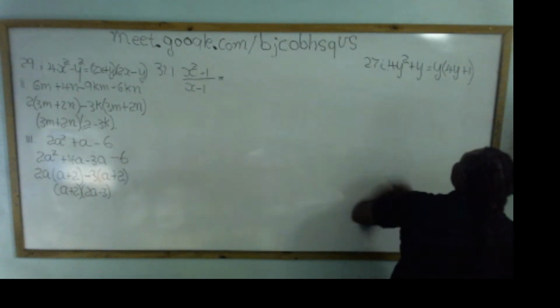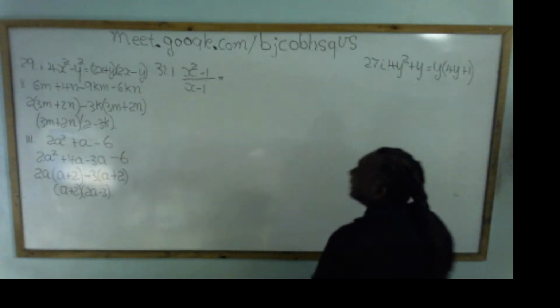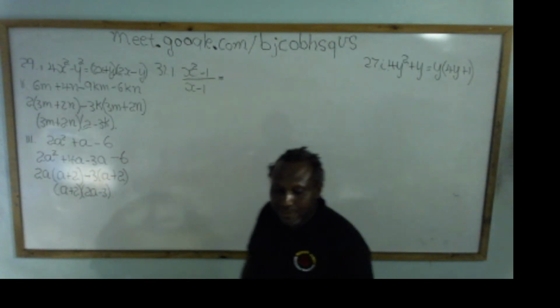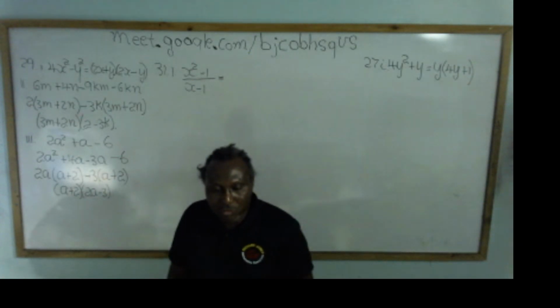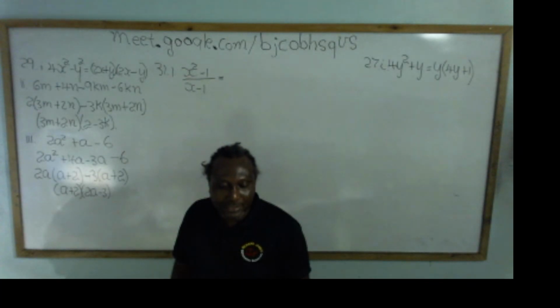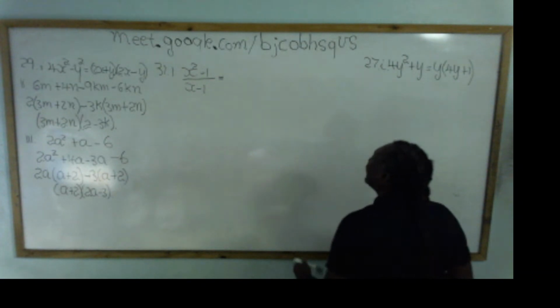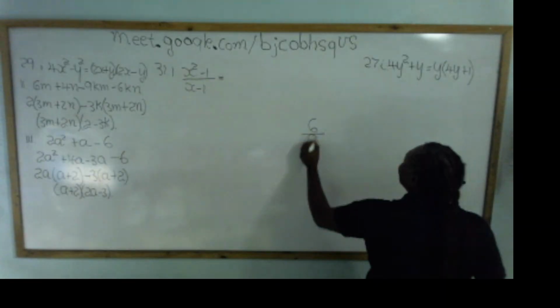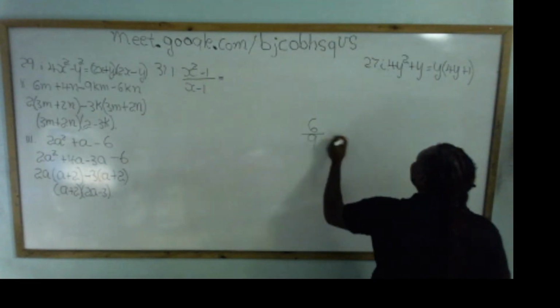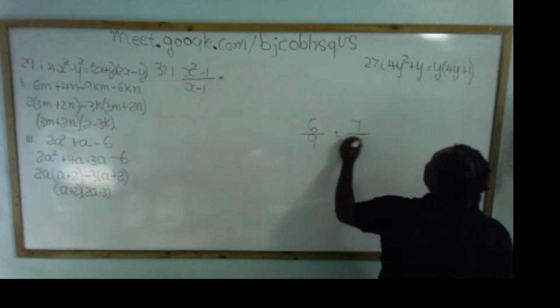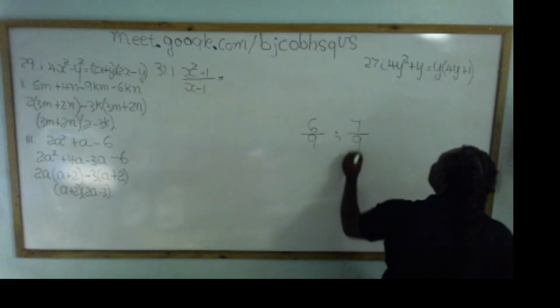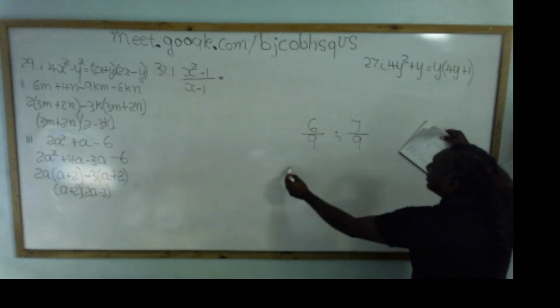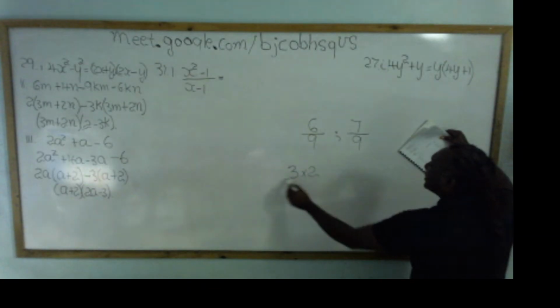Right, so that one says simplify. You cannot simplify a fraction unless you have factors that are common to both numerator and denominator. So that is why you can simplify 6 over 9. But you cannot simplify 7 over 9. Because 6 is 3 times 2 and 9 is 3 times 3.